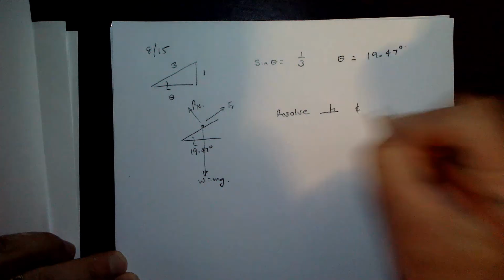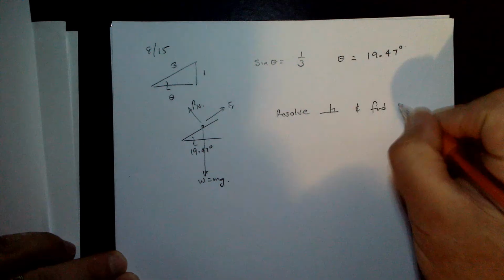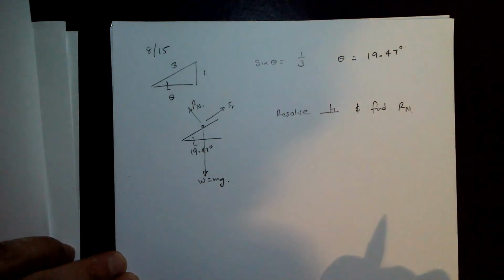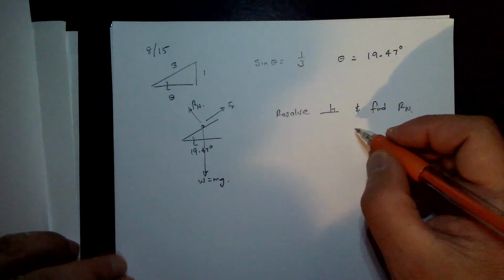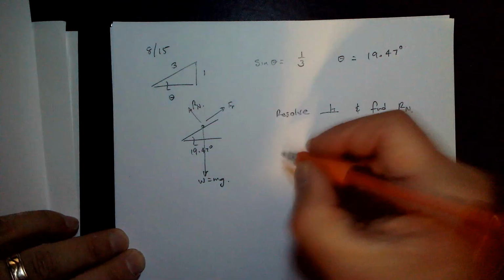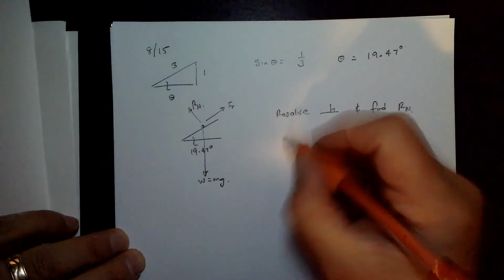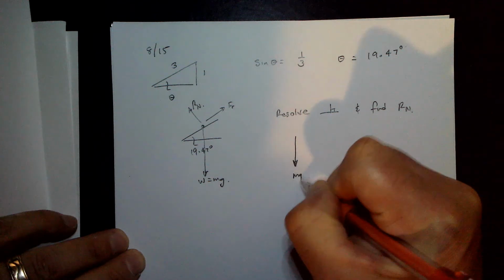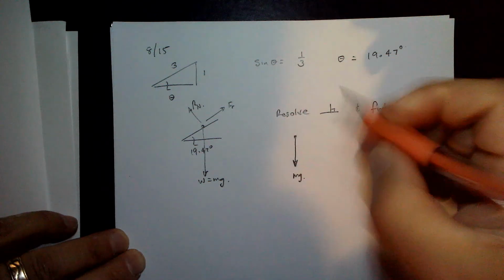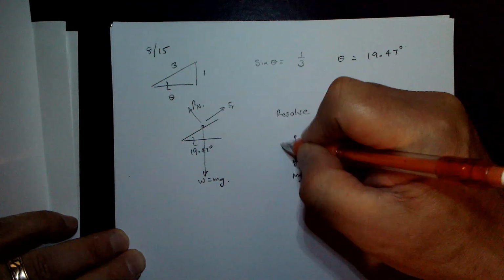We're going to find the normal reaction. To find it, I'm going to draw another little diagram. We have mg acting straight down, and the normal reaction force acts at that angle.